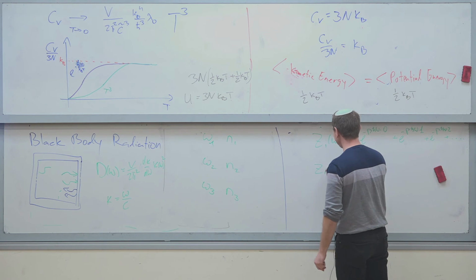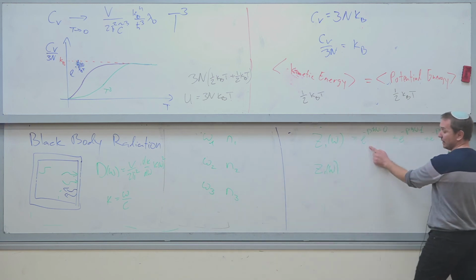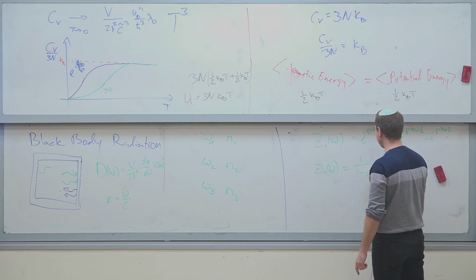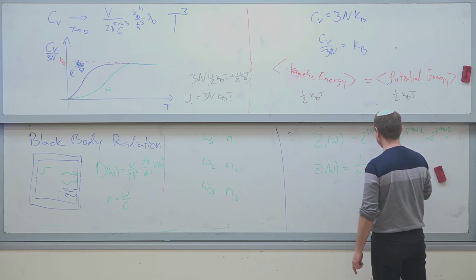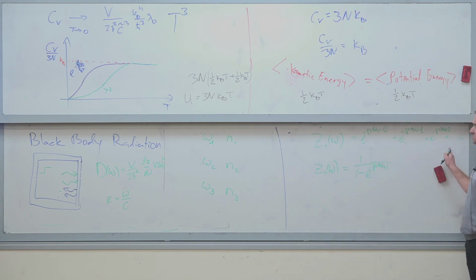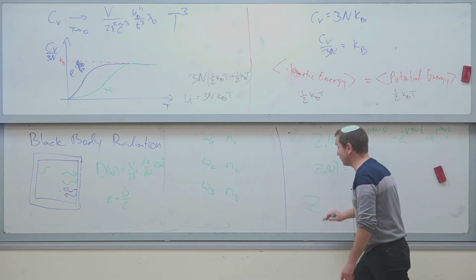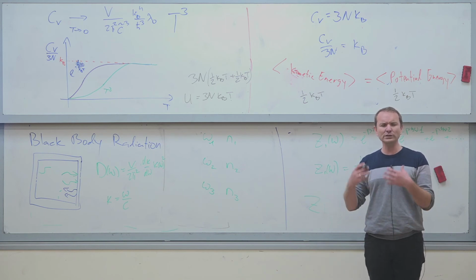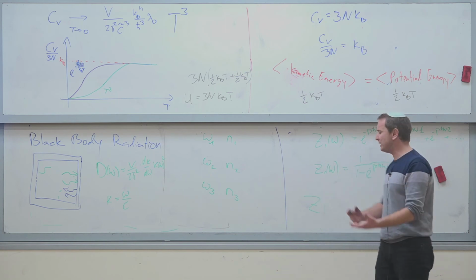So Z of 1, this is again a geometric sum. So this is 1 over 1 minus e to the minus beta h bar omega, because I have a geometric summation. And the total partition function, because all the different photons are independent, all the different frequencies are independent as well.